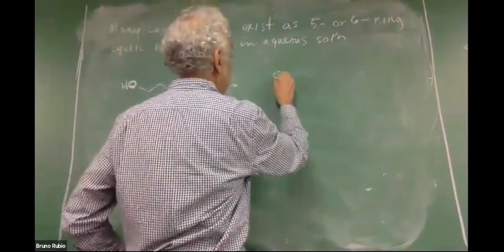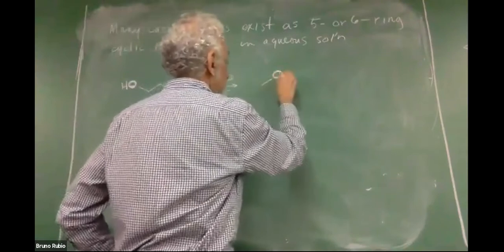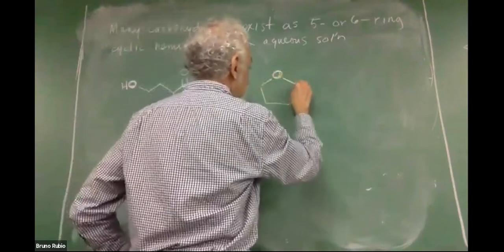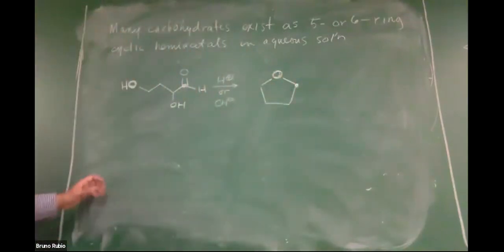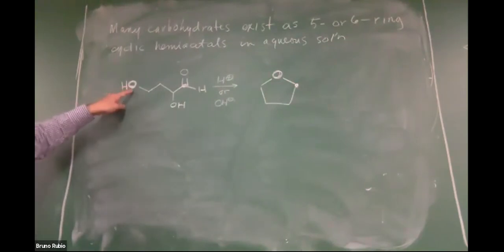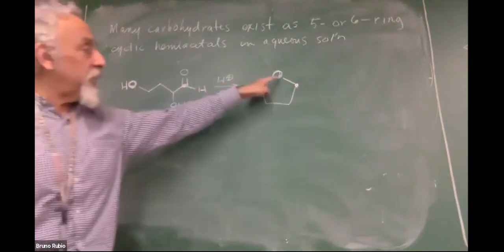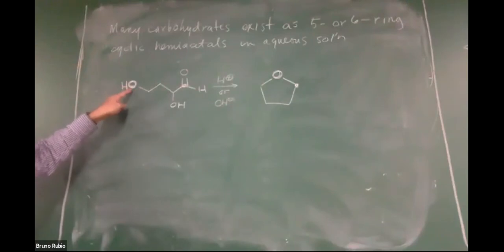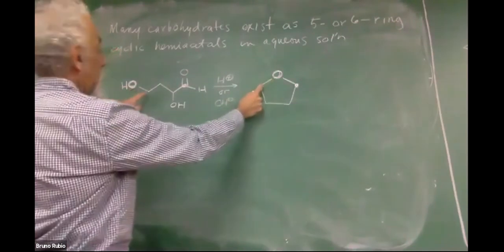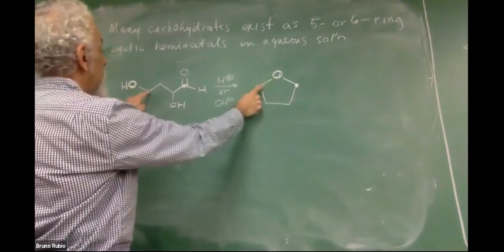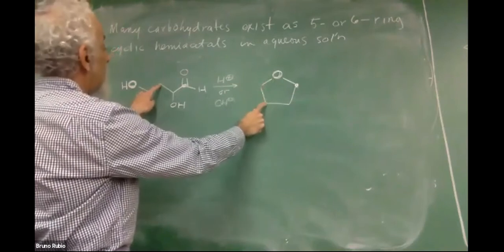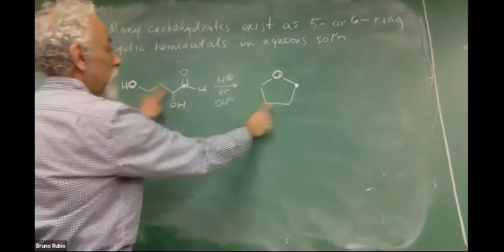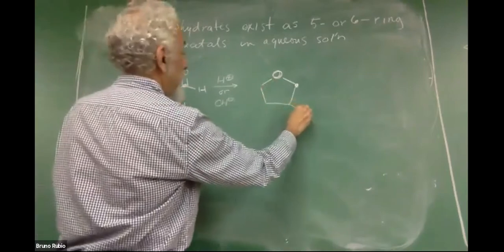So I'm going to ring this guy up to make a cyclic hemiacetal. This oxygen in boldface, that's him. And so oxygen, carbon, deoxycarbon here. There's an OH group over there.